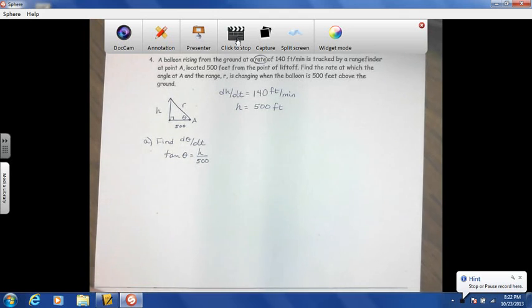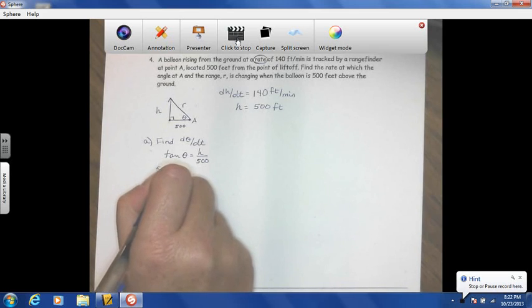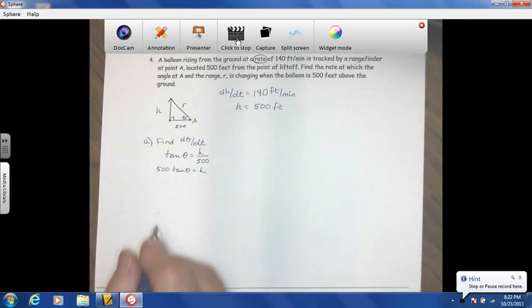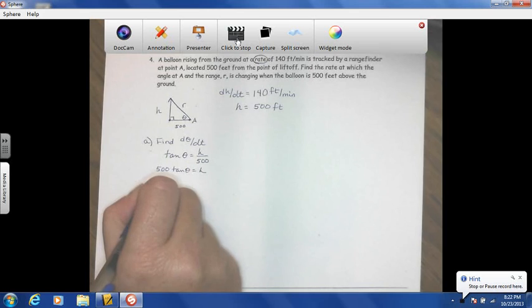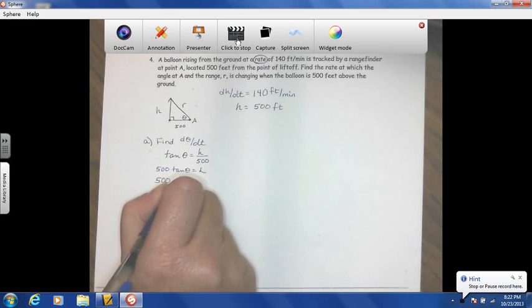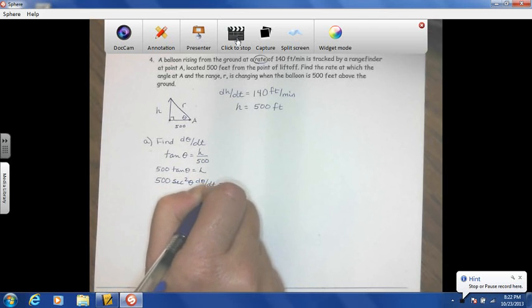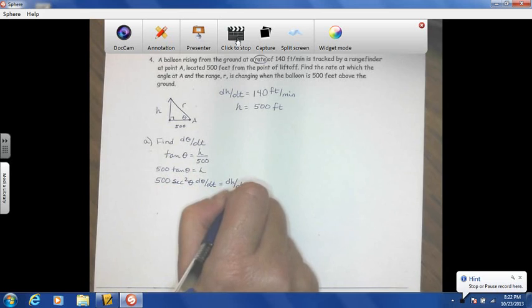Now, to make this a little friendlier to look at, I'm going to multiply both sides by 500 and then take the derivative. So the derivative of 500 tangent theta will be 500 secant squared theta d theta dt, and the derivative of h with respect to time is dh dt.